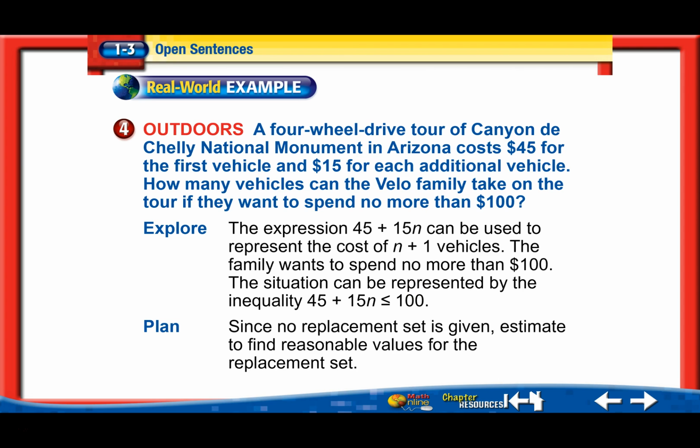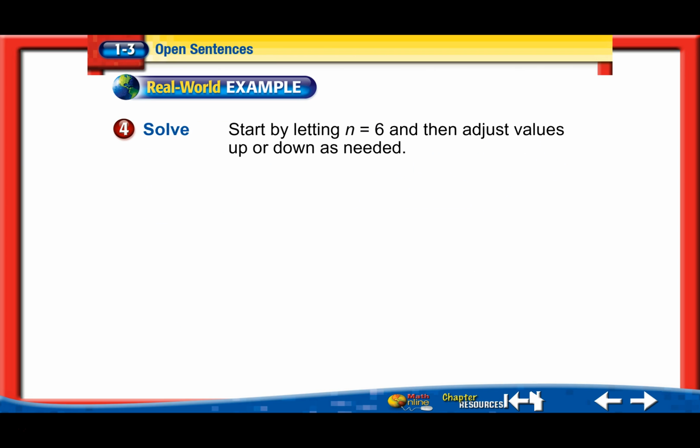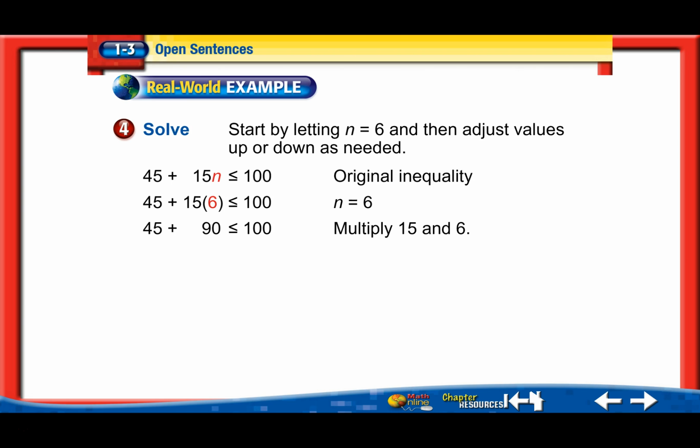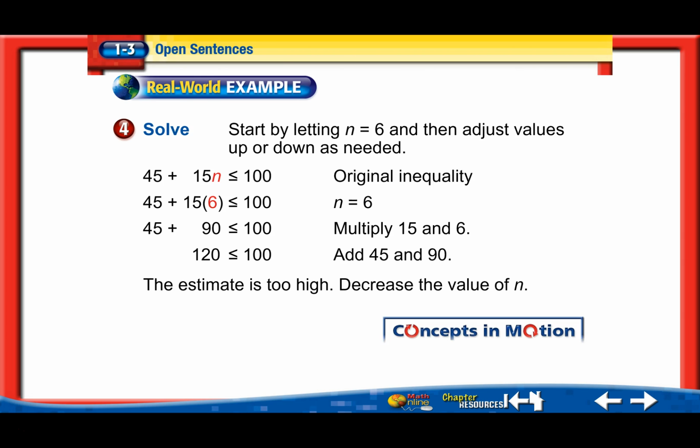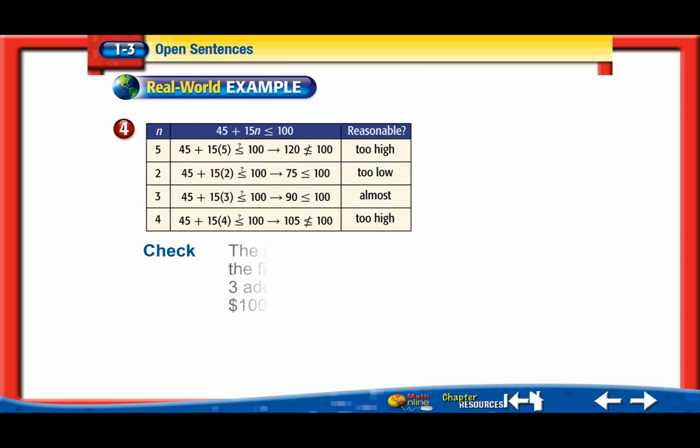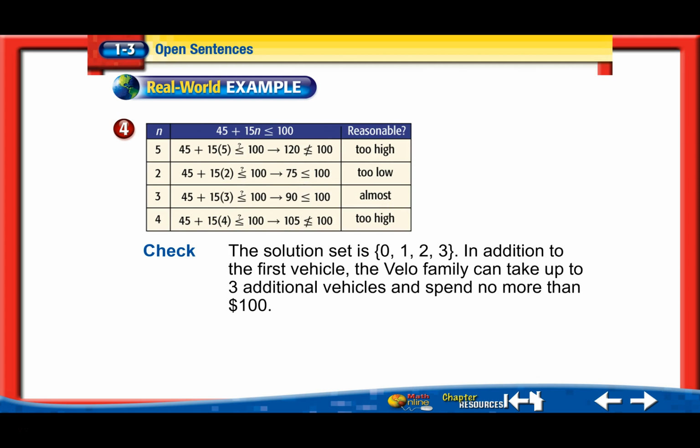Since there's no replacement set, we're going to estimate to find values for a replacement set. We start by saying 6 cars, to see if we need to go up or down. We're going to substitute 6 in here. It's going to be 45 plus 90, which is 135, so we're going to need to go down a little bit. We decrease the value. We're going to try 5, and then 4, and then 3.